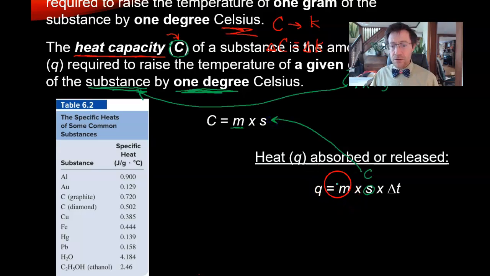But what we do is, if we have a given mass that's fixed and we know the specific heat of that substance, we take these two things and combine them into what we call the heat capacity. So if your calorimeter was 1,000 grams of iron, you just take the specific heat of iron and multiply it by 1,000.